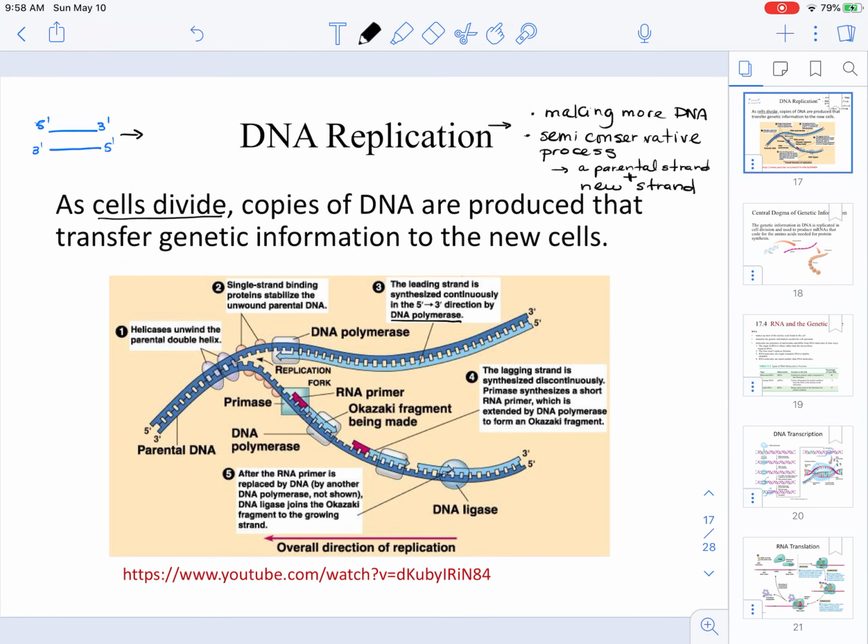This parental DNA undergoes DNA replication.